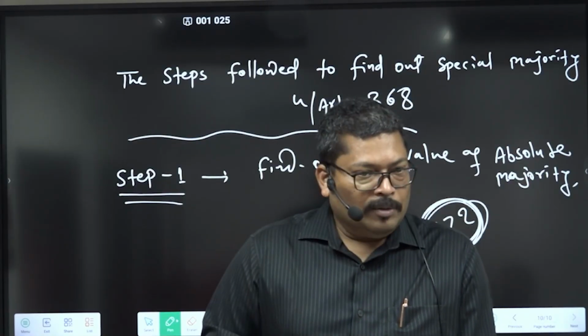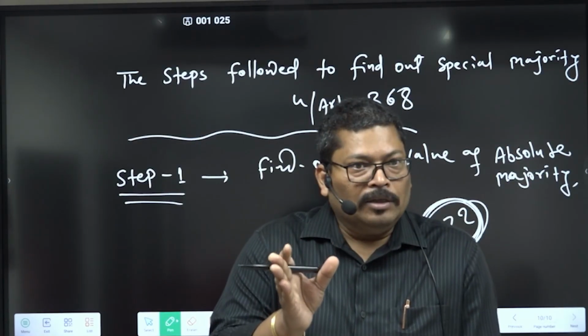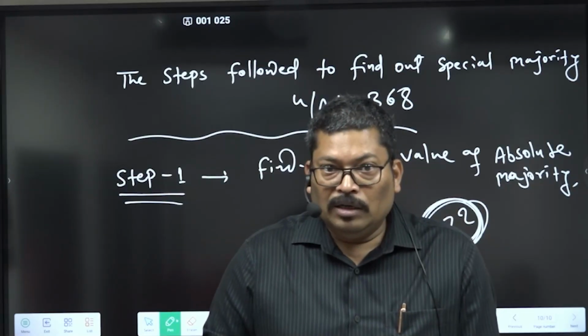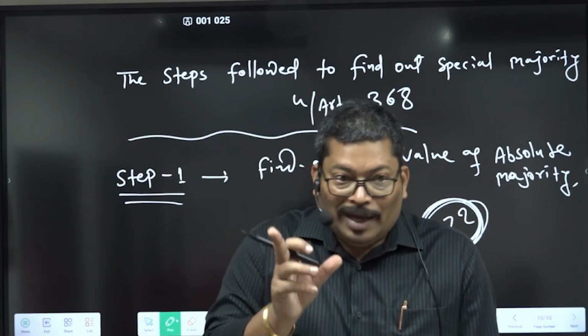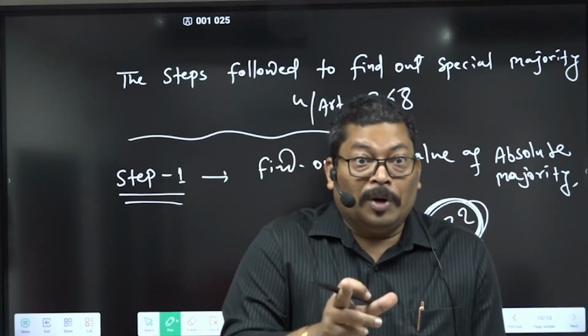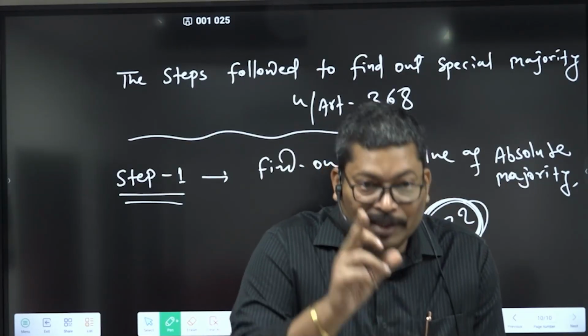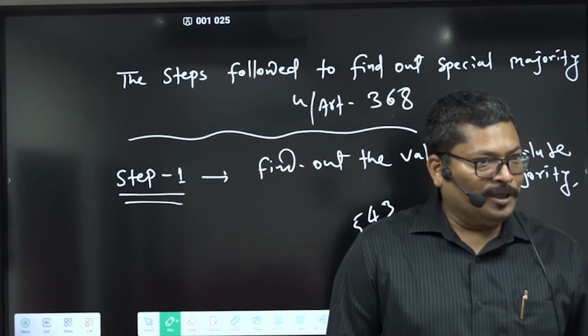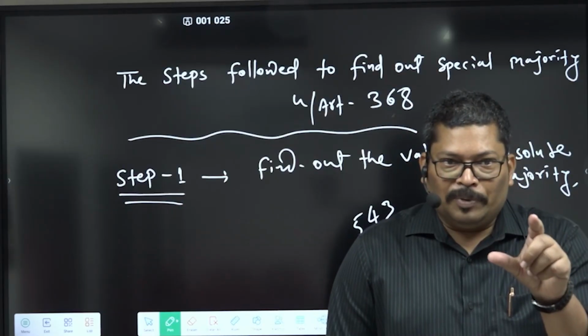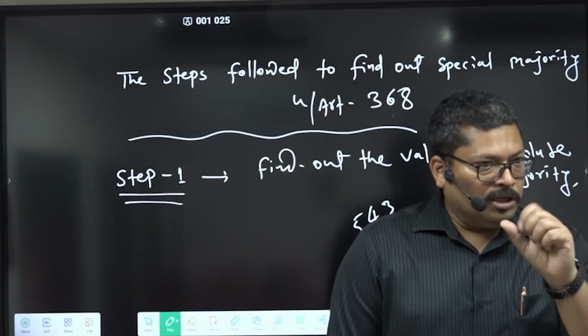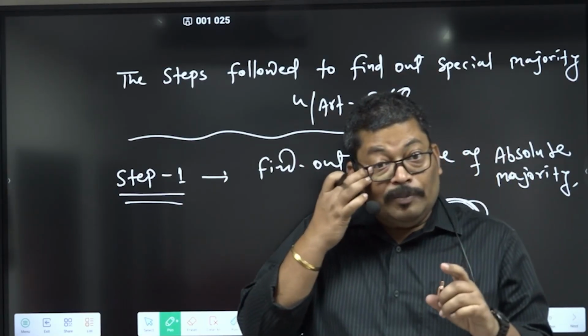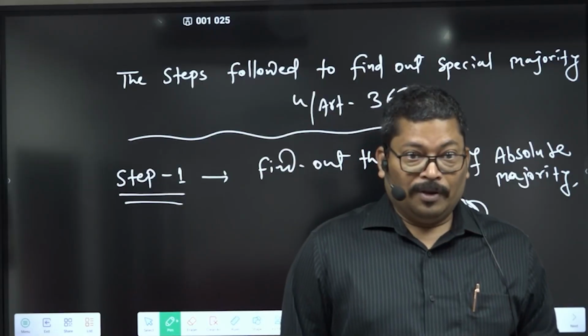So in the Rajya Sabha, a resolution seeking the removal of the Vice President of India shall be tabled. That resolution needs to be passed with the help of which kind of majority? Effective majority. Once such resolution is passed with effective majority in the Rajya Sabha, it will be moved on to Lok Sabha.